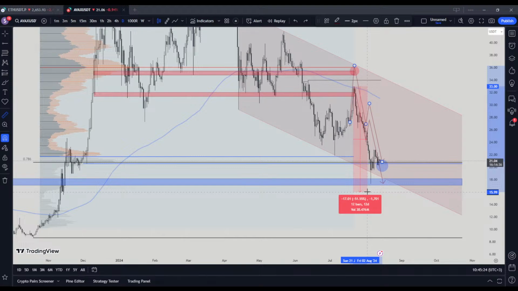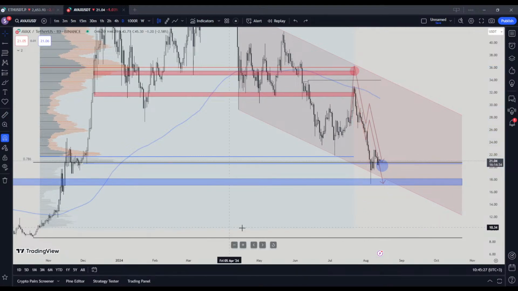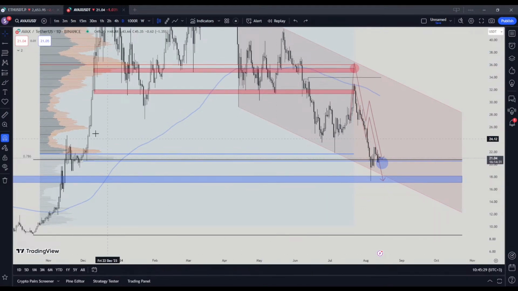It might be, but most of you already know what usually happens because you follow me for a long time. The low created by the initial aggressive dump is almost never the last low. They are sweeping that low, taking everybody out, and then they are pumping.